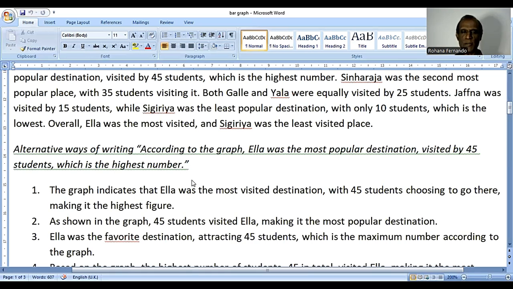Secondly, as shown in the graph, 45 students visited Ella, making it the most popular destination.